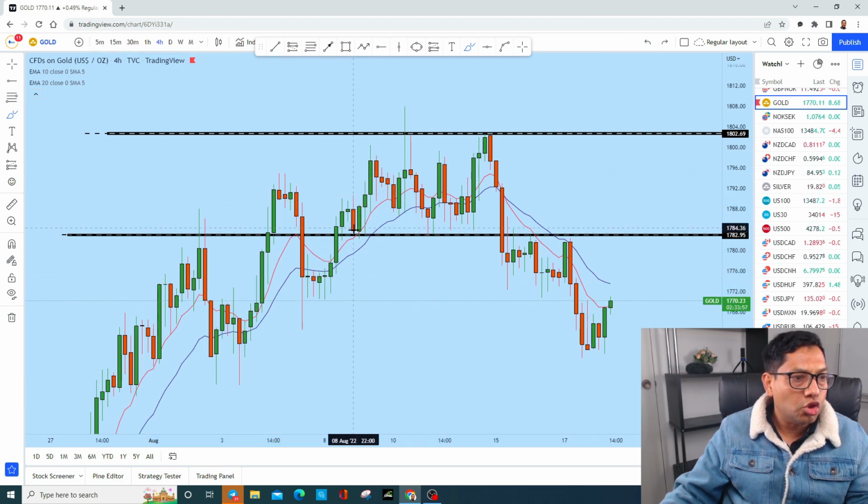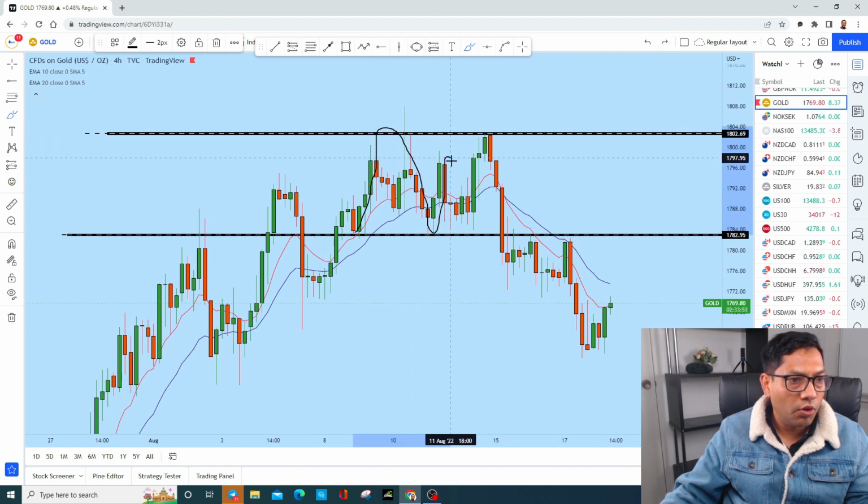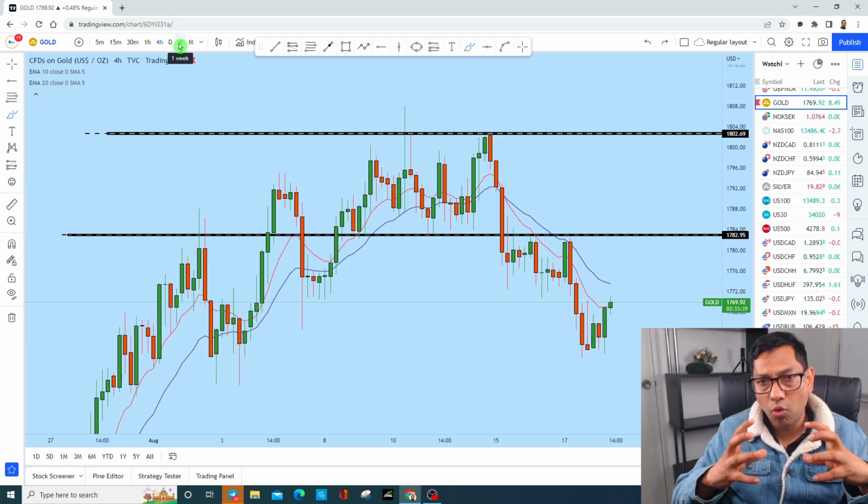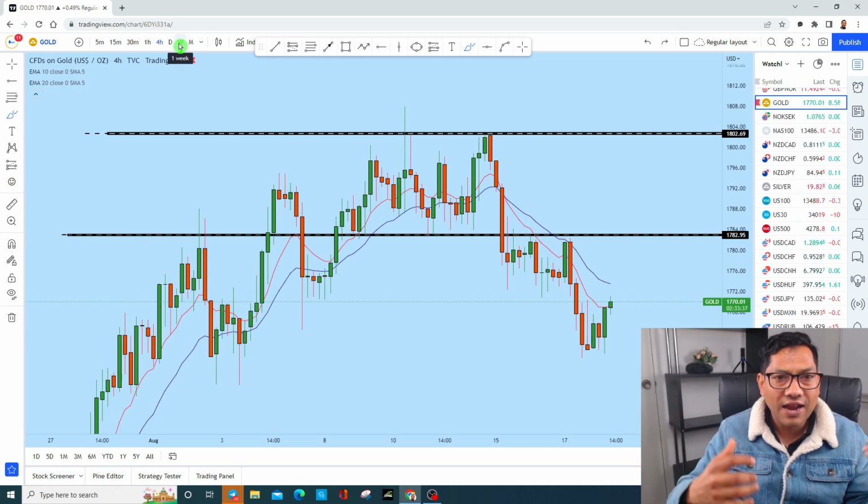Now in this zone, the price was consolidating, going up and down, creating a double top here. That means it is an order block, because always keep in mind an order block is more accurate, more reliable on a higher time frame, and more easily identifiable on the higher time frame than the lower time frame.